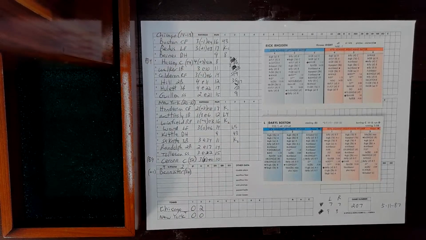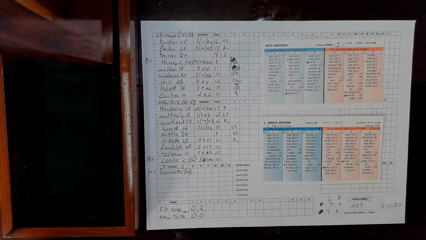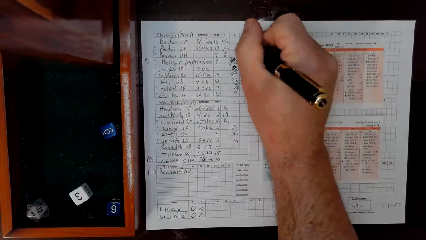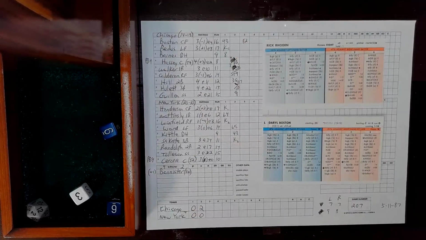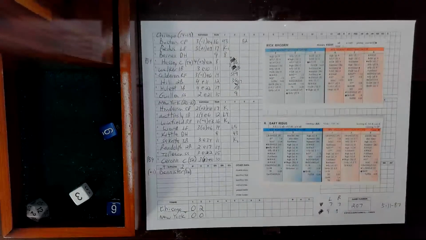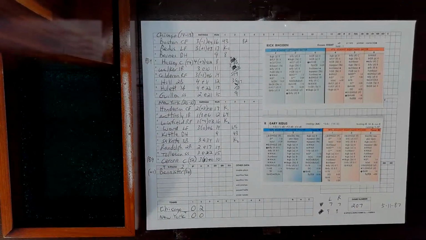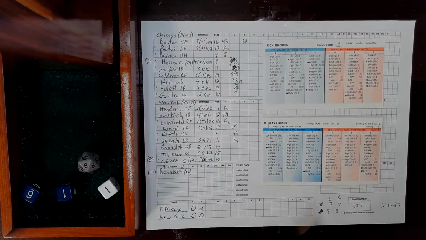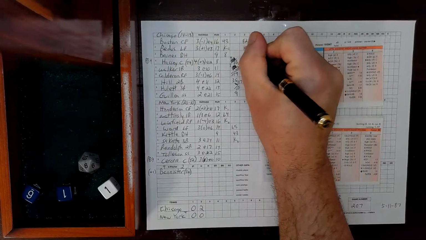Boston, his first time up. Grounded to second. 3-12, and he's going to foul out to Rick Cerrone behind the plate. One away. Rhoden, the batter. 1-7, and he's going to strike out, and that is just the second strikeout of Rhoden.